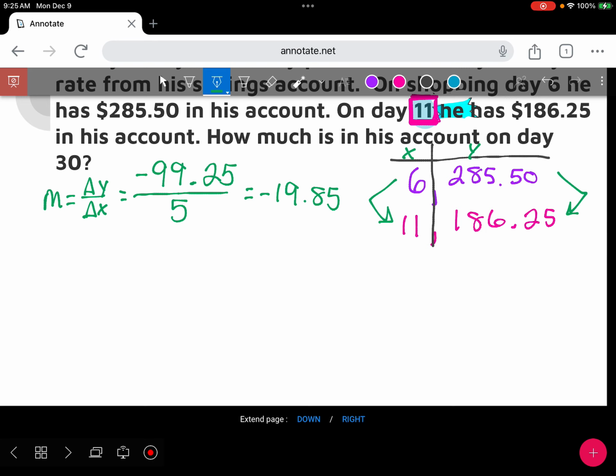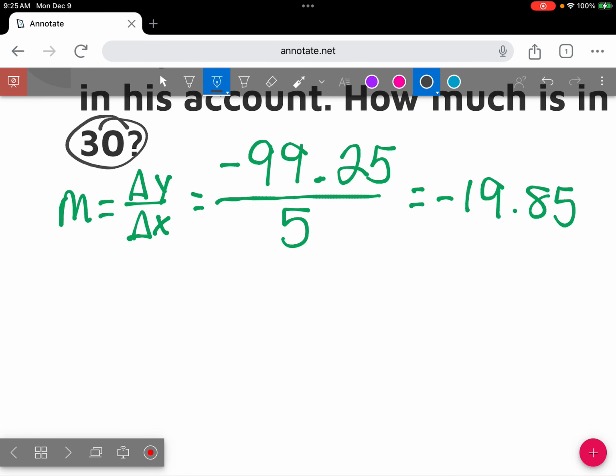How can I make an equation with what we have here? Because I need to make a prediction for day 30. Yeah. That would tell us how much he spent in those days. But how much did he start with? You can go backwards that way. That's the kind of hard way. We worked with something fairly recently that we could use here.